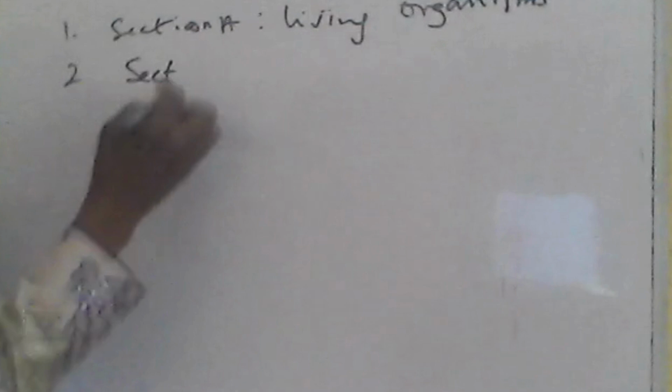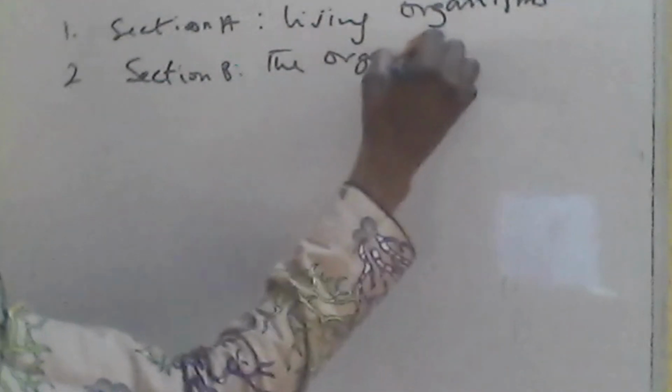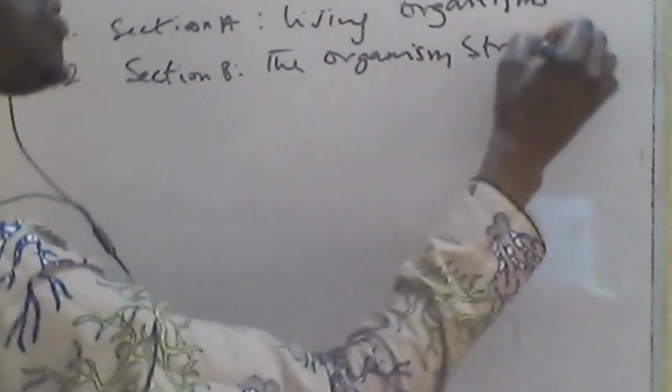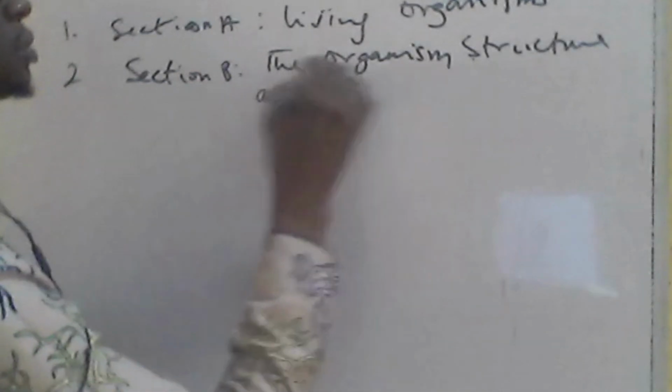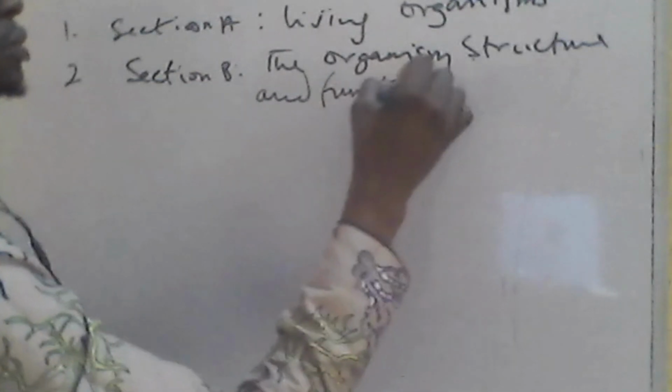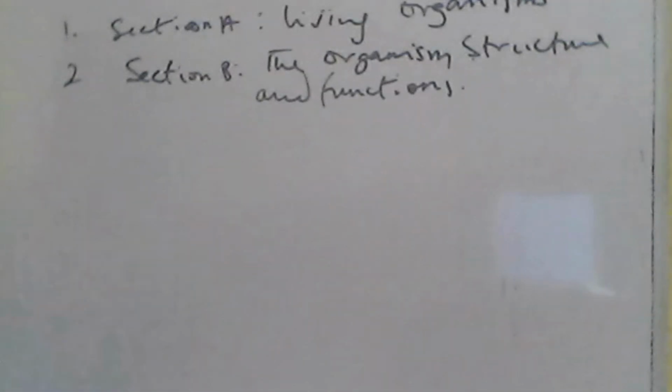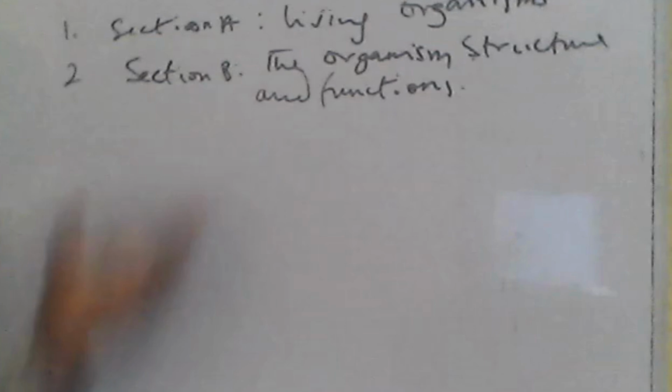And section B, we'll be looking at organism structure and function. Under this section, we'll be seeing nutrition in animals and plants.